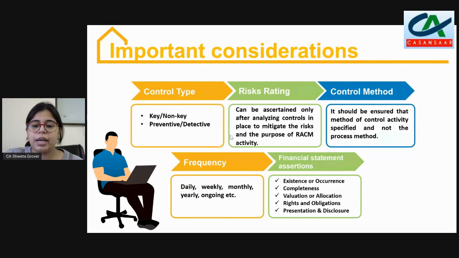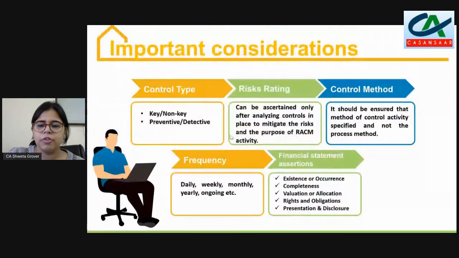Suppose inventory of a third party is lying with you, that should not be captured in your books of account because it belongs to somebody else. That is rights and obligations. It is the same way vice versa: if any inventory is lying with a third party which belongs to you, that has to be captured in your books of accounts.